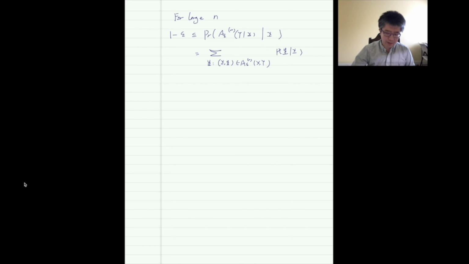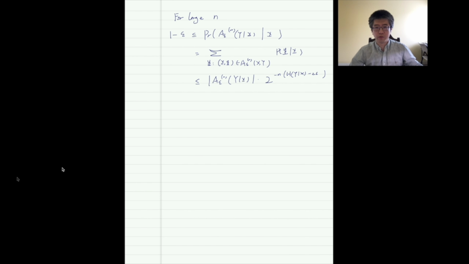Here we need the upper bound, so that is less than or equal to, and we can write this down directly, y given x, and then we have the upper bound here, which is this.